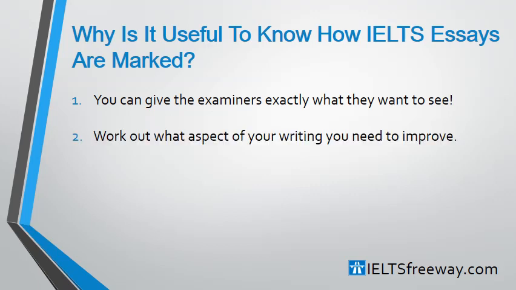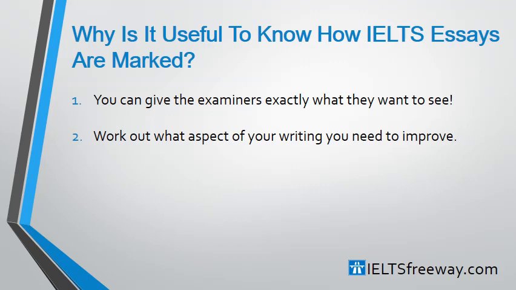Secondly, if you know what the examiners want to see, you can work out what aspect or part of your writing it is that you need to improve for the examiners. We've already talked about essay structure in the last video. It may be that now you're aware that you need to improve your essay structures and you can therefore do that.